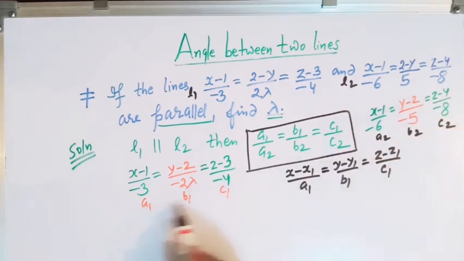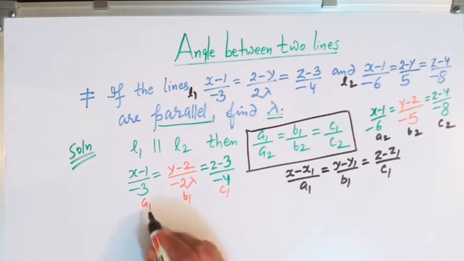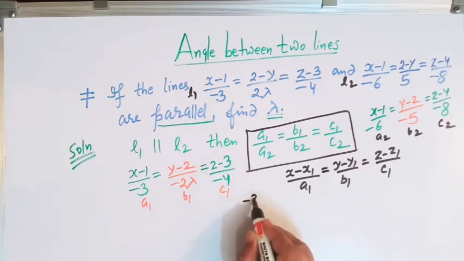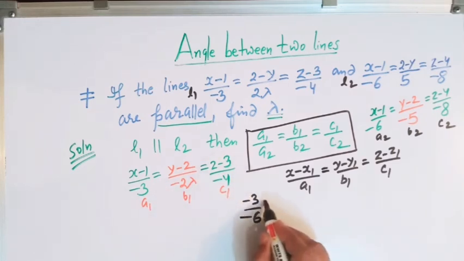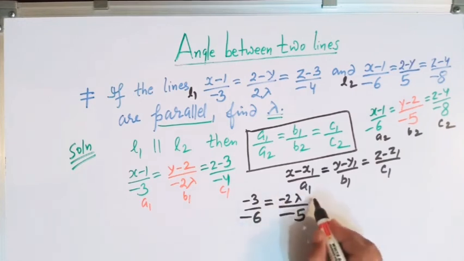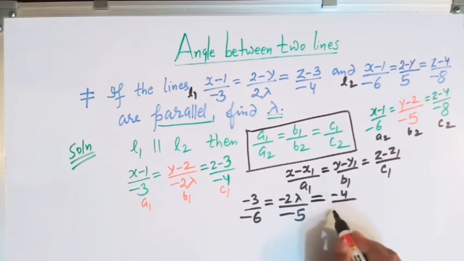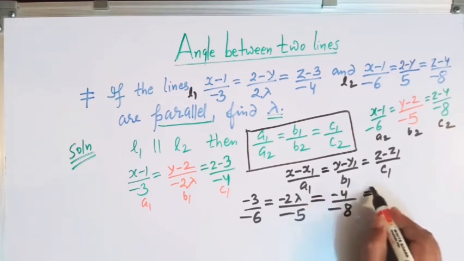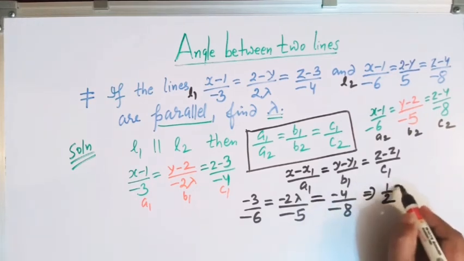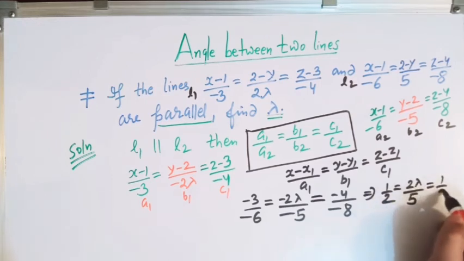Now substituting these values here, we have a1 by a2 means minus 3 by minus 6, then we have minus 2 lambda divided by minus 5, and then we have minus 4 divided by minus 8, right? Now this gives us 1 by 2, 2 lambda by 5 and 1 by 2.